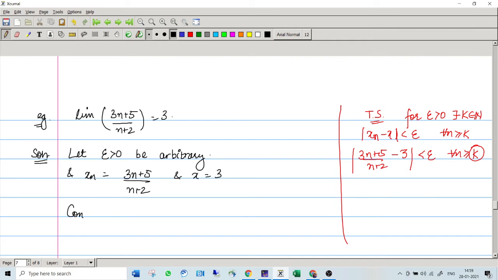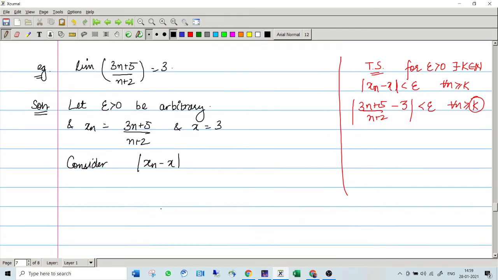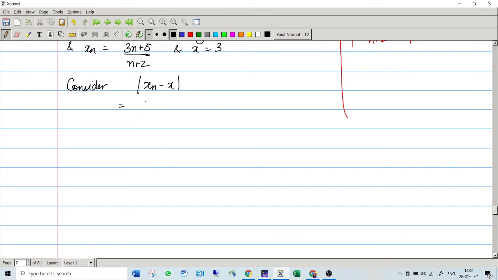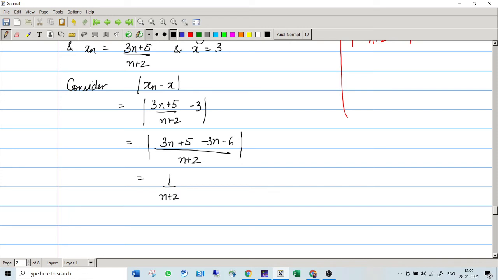So consider this, which is (3n plus 5) upon (n plus 2) minus 3, and which is precisely 1 upon (n plus 2).